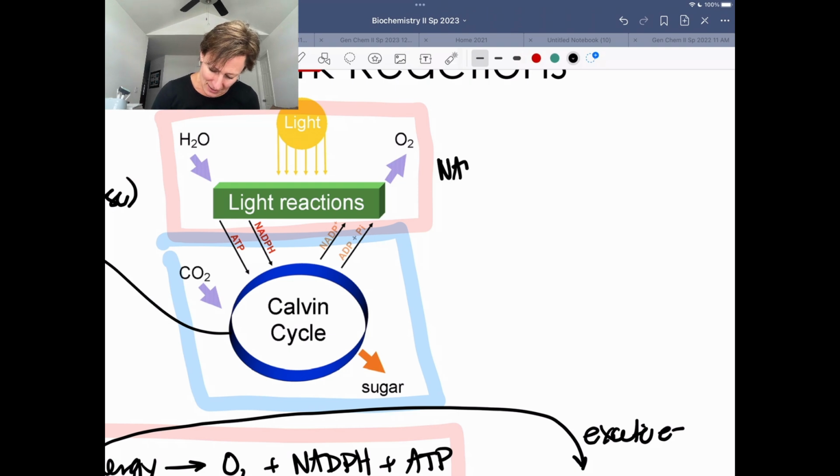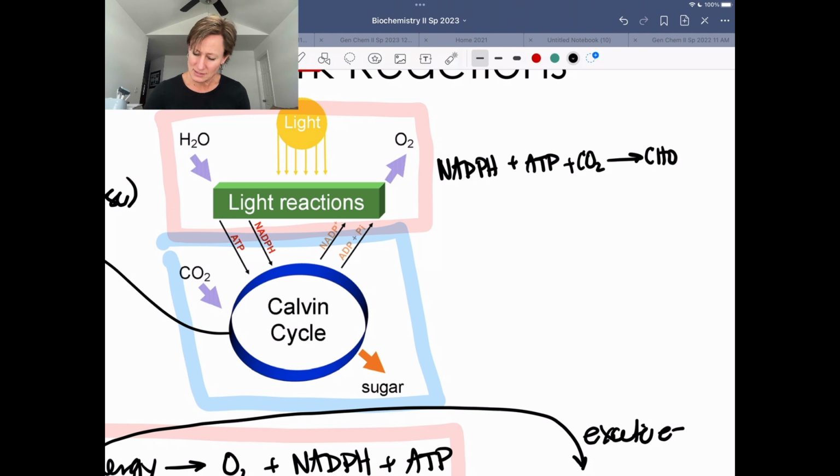We're going to be taking that NADPH, our ATP, and we're going to take carbon dioxide and fix it into carbohydrates. So this is going to be a reduction, and that's this fixing of carbon dioxide.